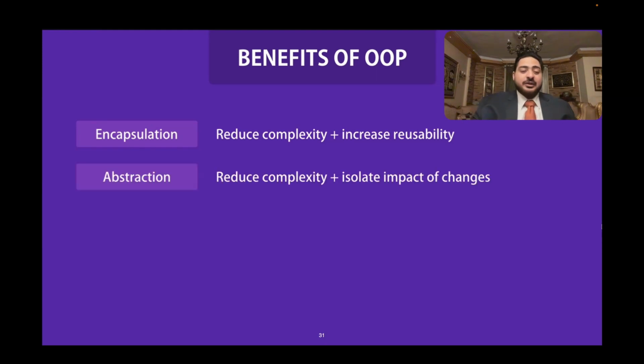Second, we talked about abstraction and how it reduces complexity and isolates the impact of change of each method on other methods, which helps us not to change every function that is connected to a function. We change only one line in it.